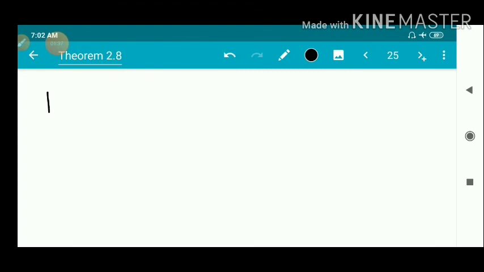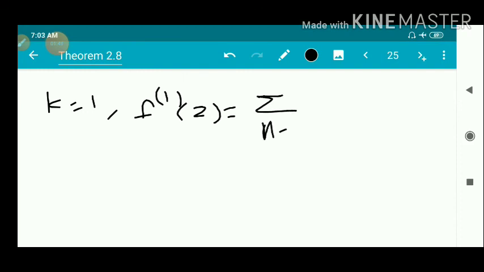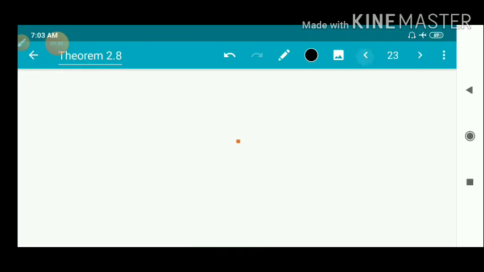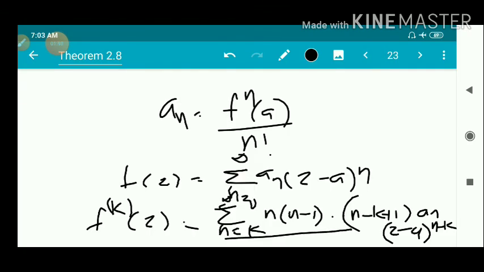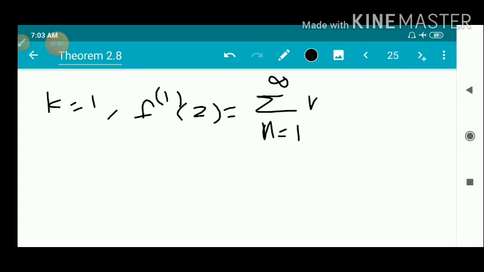Then by putting k equal to 1 we get f dash of z equal to, by the derivative series, sigma n equal to 1 to infinity, since k equal to 1, n into a n (z minus a) whole raised to n minus 1. First derivative: n into a n (z minus a) whole raised to n minus 1.